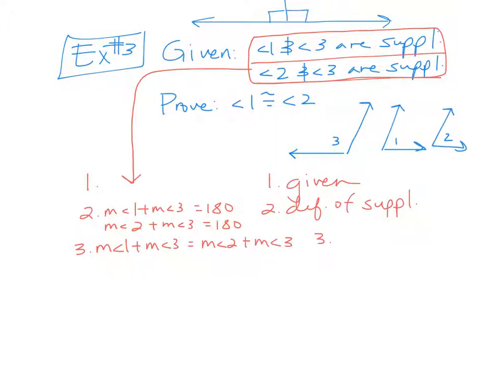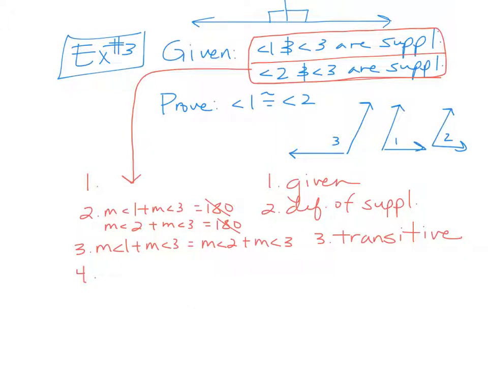Which property is that? Transitive, or you could say substitution. We'll go with transitive. Okay. So basically we took out the two things that were the same and we set what was left equal to each other. That's the transitive property, right? If A equals B and B equals C, then A equals C, okay?